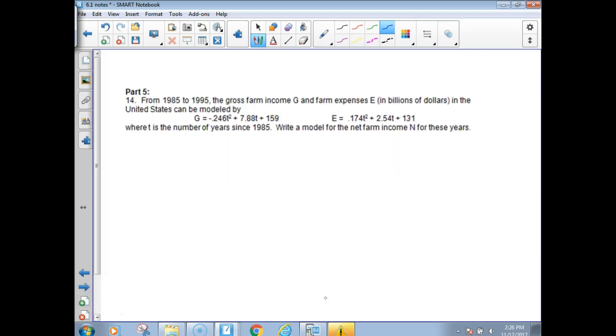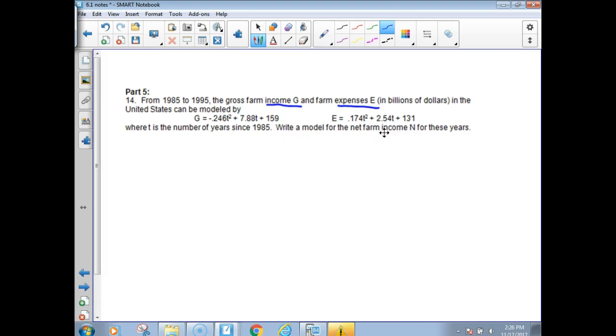Okay. Part 5, this is just from an application of using two functions and possibly adding or subtracting them. It says from 1985 to 1995, the gross farm income and farm expenses, E, in billions of dollars in the United States can be modeled by those functions, where T is the number of years since 1985.